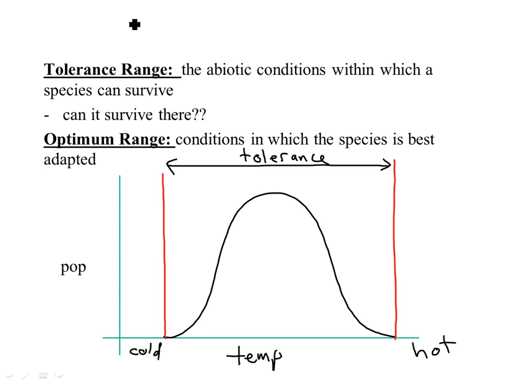Can it survive there? Basic survival. Way down here, it can survive, but not many, right? Way up here, it can survive, but not many. So tolerance is, can it just live there in the extremes? Optimum is where you get really good conditions where it really can thrive.